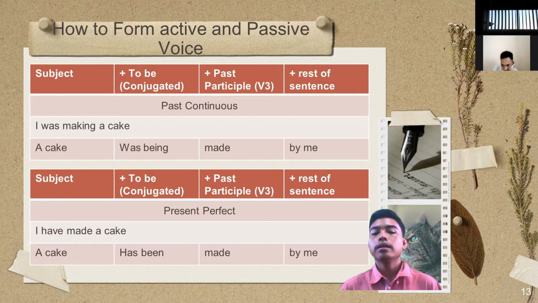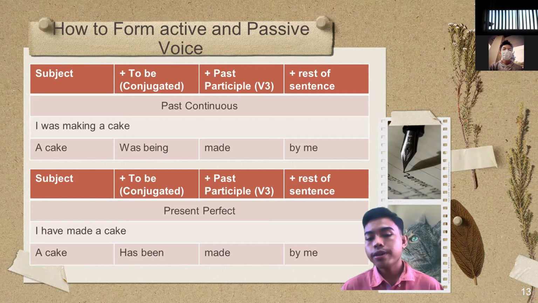And next is the present perfect tense. The example sentence is I have made a cake. The subject is a cake, the to be is has been, the verb 3 is made, and the rest of the sentence is by me.